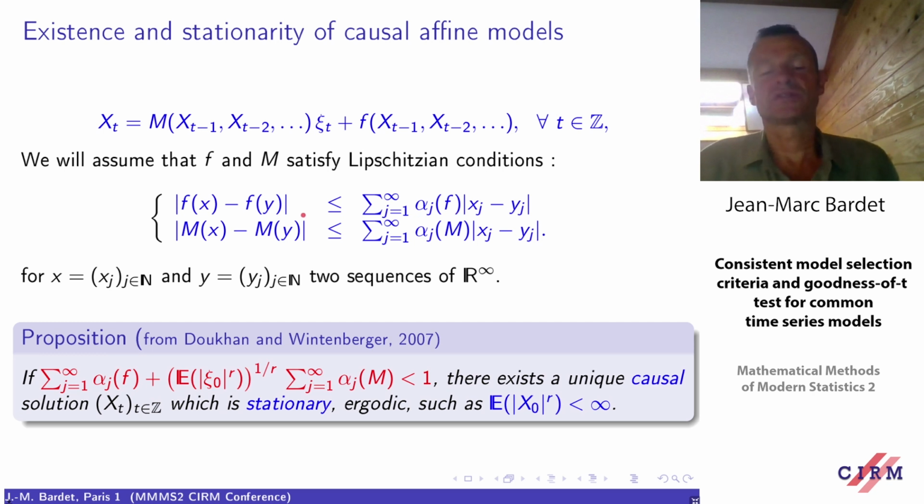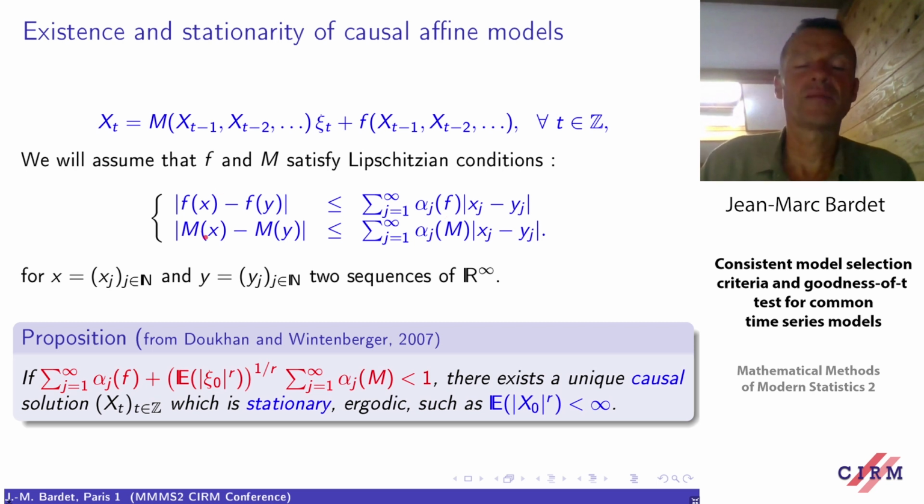And so this is a natural extension of the Lipschitzian condition for real numeric functions. And the sequences alpha j of f and alpha j of m will be as small as possible.